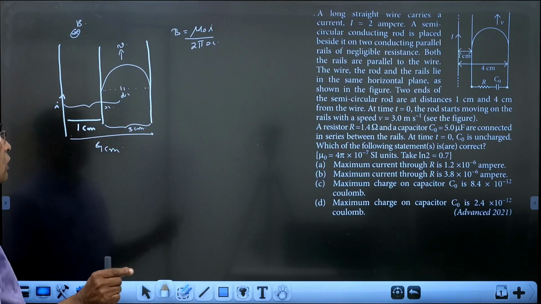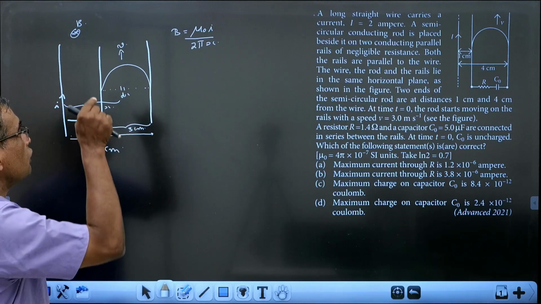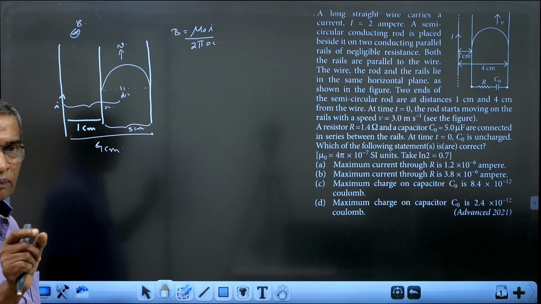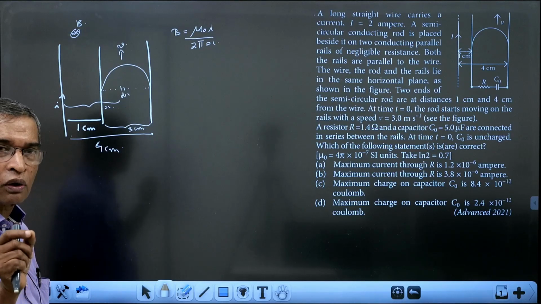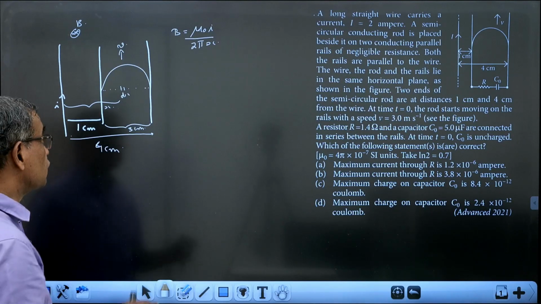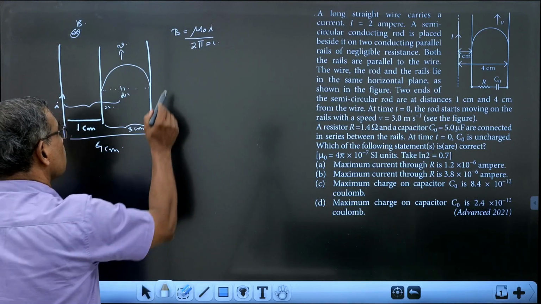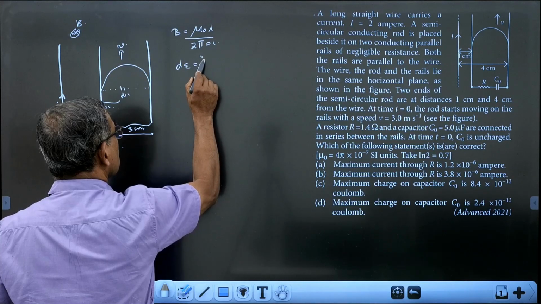Now a conductor of length dx moves with velocity V perpendicular to the magnetic field B. Then a small amount of motional EMF, d epsilon, is generated on that small segment. It is given by our basic formula BLV.